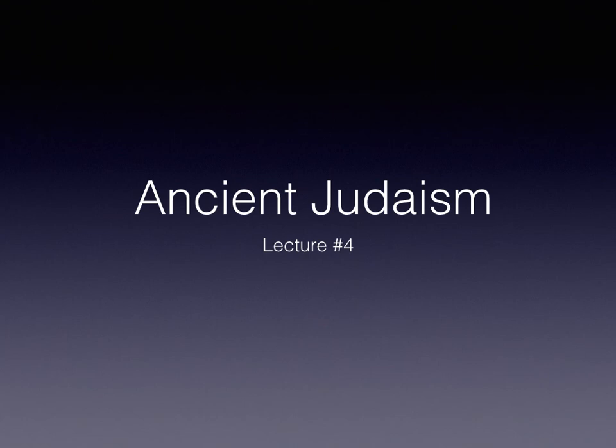So, as with the world of Greece and Rome, the Greco-Roman world, you know enough at this point to be absolutely dangerous with what is called Second Temple Judaism or Ancient Judaism.